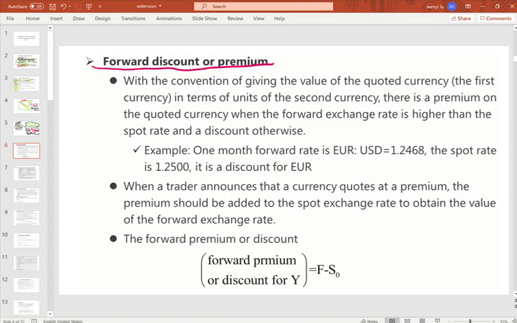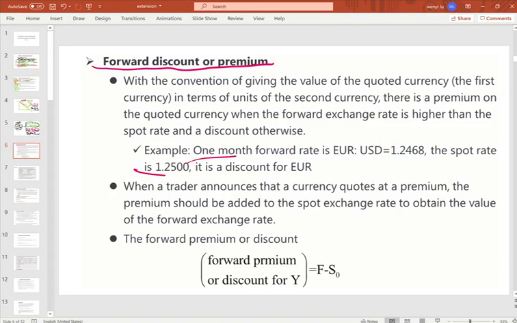For example, if the 1 month forward rate EUR to USD is 1.2468, this quote means that for €1 you get 1.2468 US dollars. And then you also observe that the spot rate on the market is 1.25.